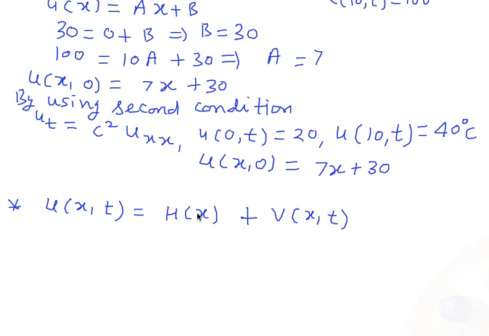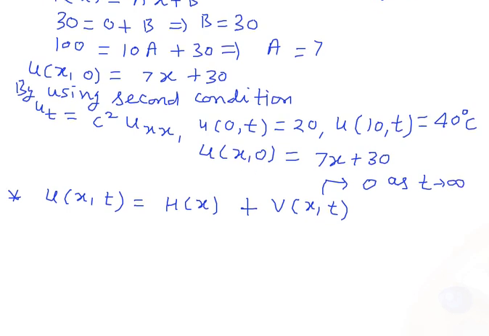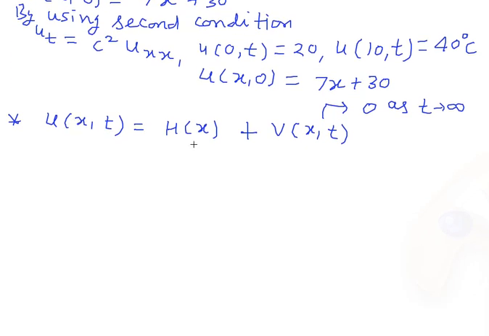Here h(x) is the steady state solution and v is the transient state solution, that is the time dependent solution, and this transient solution will be 0 when t reaches infinity. So this temperature goes to 0 as t goes to infinity. First we find this h(x).